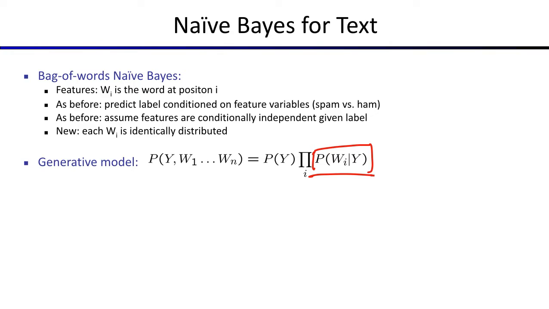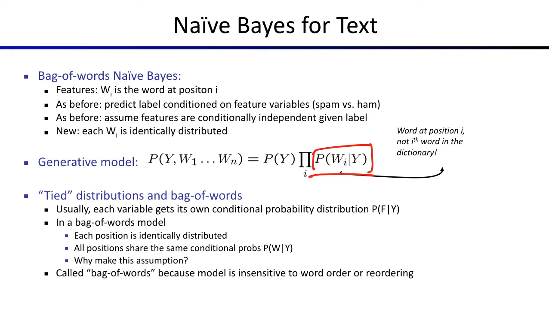The sampling process underneath this is that I first choose whether I'm going to send a spam email or a ham email, and then I have a particular distribution over the vocabulary associated with spam emails that maybe puts a lot more mass on dollar values and things in all caps and trying to sell you machines that will make parts of your body bigger. And I'm just going to sample from that distribution over and over again, and that's where we imagine our document coming from. These kinds of models for text are sometimes called bag of words models.